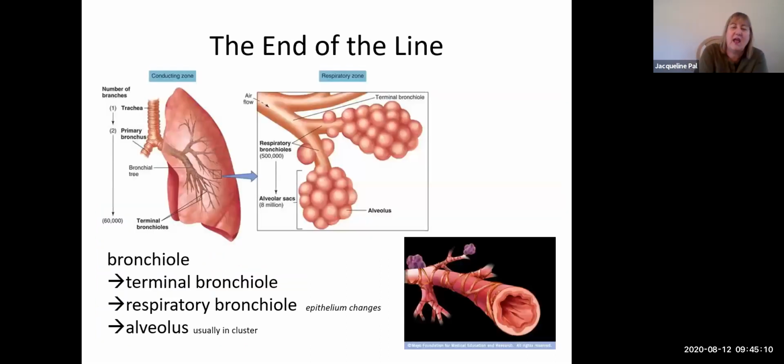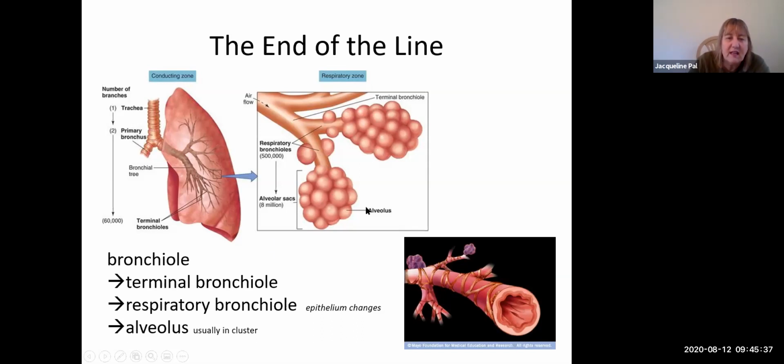And then we're to our last 3 structures. And for this, let's start at the end and work our way back. So the very last structure is like the grapes on a little thing of grapes. In fact, buy yourself some grapes and practice this. Each one of those grapes represents an alveolus, and they're usually in a cluster, although rarely you can have one that sits off a stalk just like you can in a bunch of grapes.